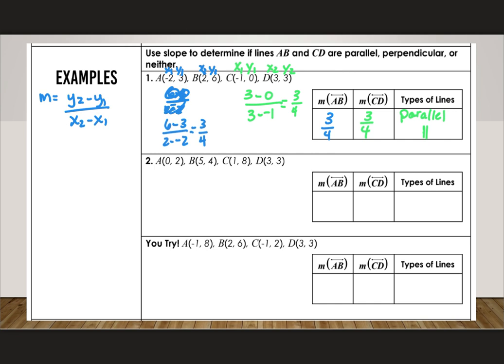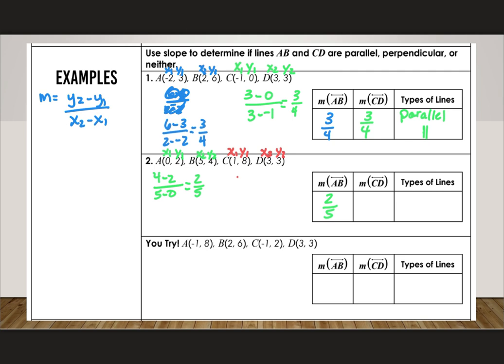Okay, so here we're going to do AB again. So this is going to be x1, y1, x2, y2. And so on top, we're going to have 4 minus 2. On the bottom, we're going to have 5 minus 0. So this is going to be 2 over 5. And then on the other set, we're going to have x1, y1, x2, y2.